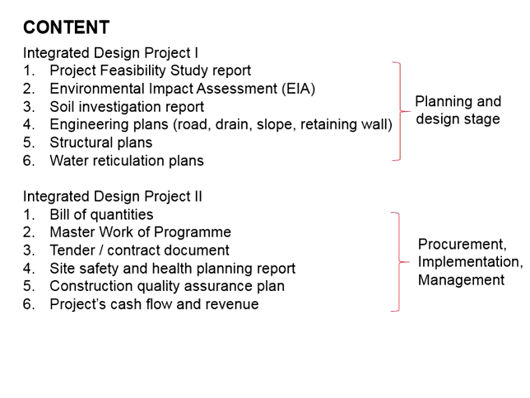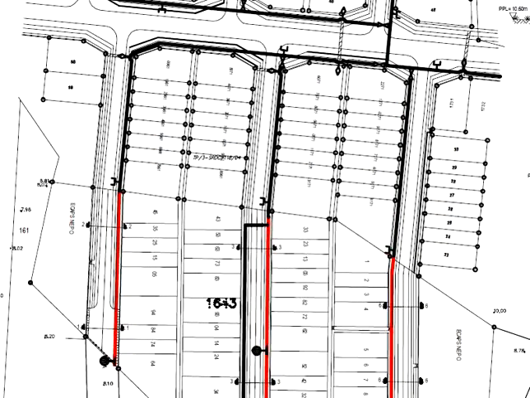And then in the water reticulation plans, we will need to demonstrate the layout of the pipe network, as well as providing details for the construction of the water reticulation systems. This is an example of a water reticulation system. The water reticulation system is worked on the basis of the engineering plan.